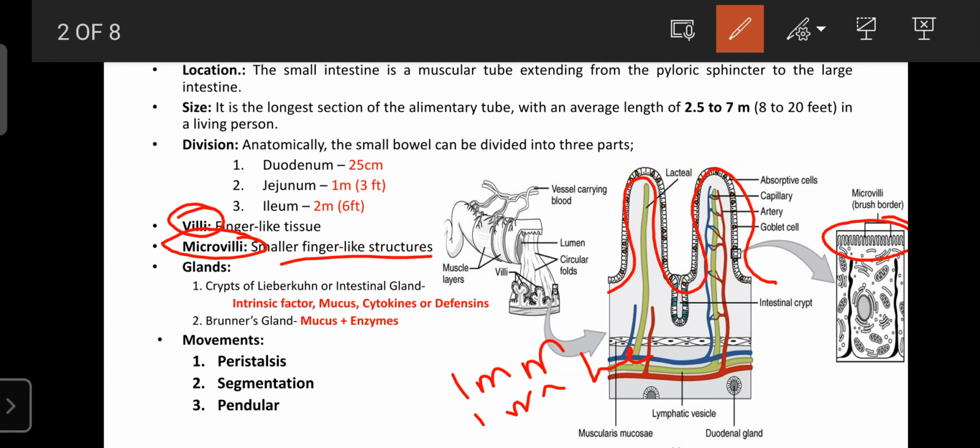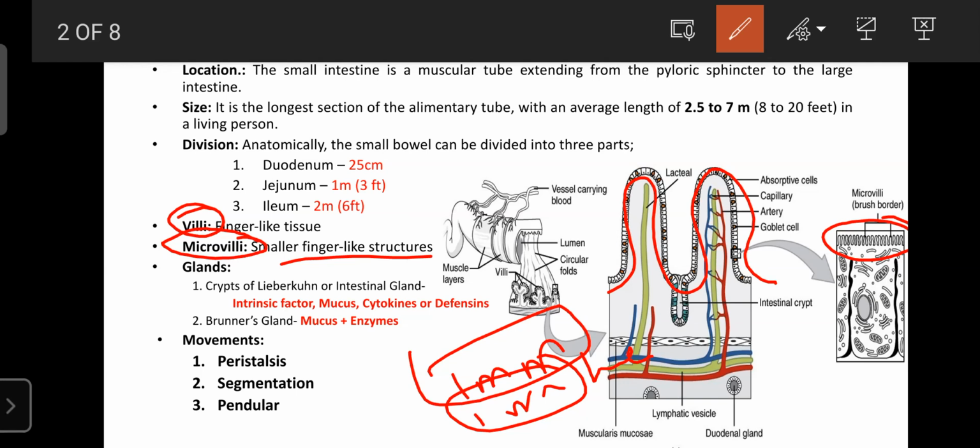So villi are special projections lining the small intestine. Each finger-like villus has further smaller finger-like structures, known as the microvilli. Regarding the size, the villi have 1 mm diameter and 1 mm thickness. Due to this projection, the small intestine can provide a larger surface area, and these microvilli have certain movement, which is helpful to mix the food with the digestive secretion or digestive juice.